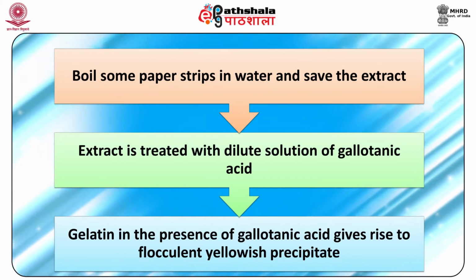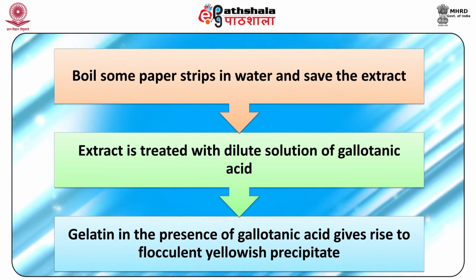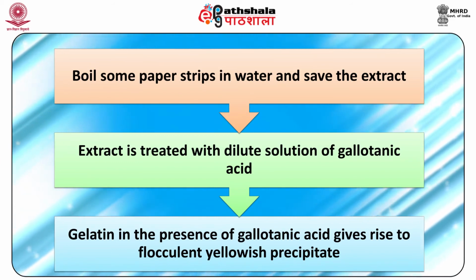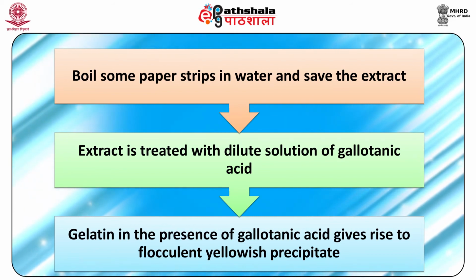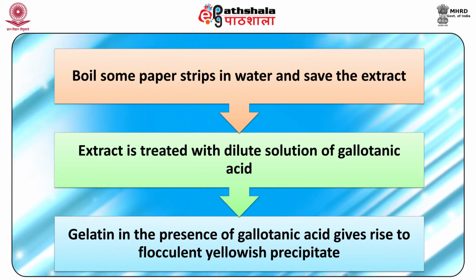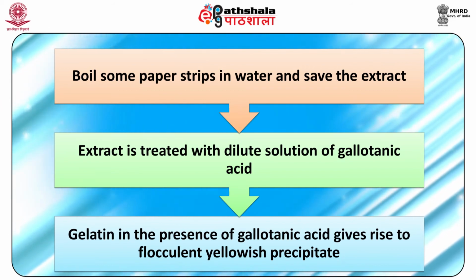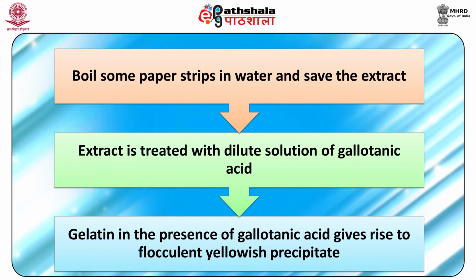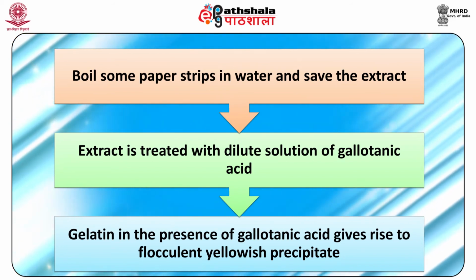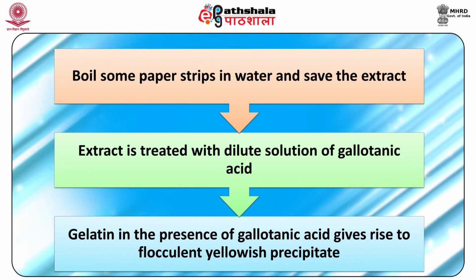Gelatin, which is one of the sizing agents in the paper, can be identified by a chemical reaction. Boil some paper strips in water and save the extract. The extract is treated with a dilute solution of gallotannic acid. Gelatin in the presence of gallotannic acid gives rise to a flocculent yellowish precipitate.